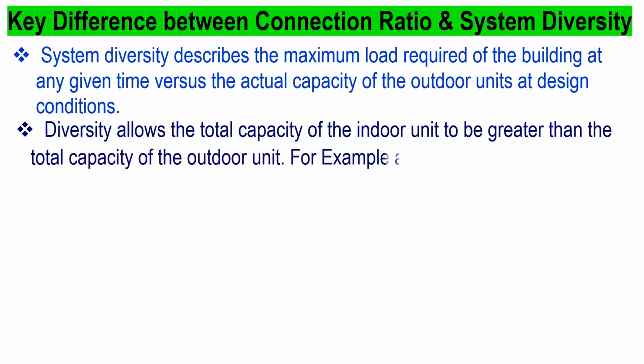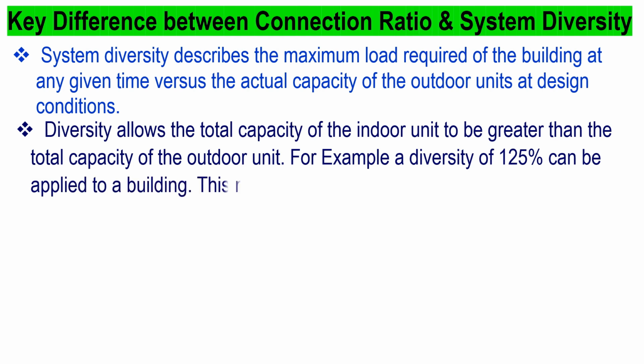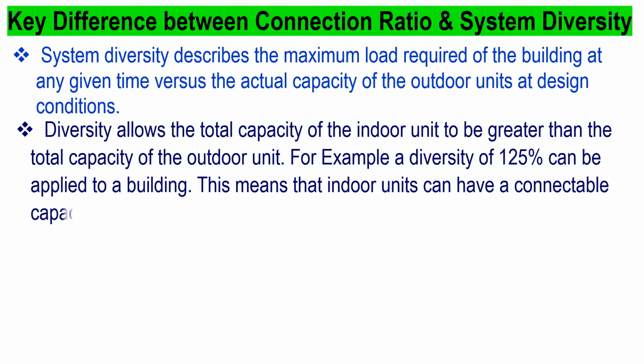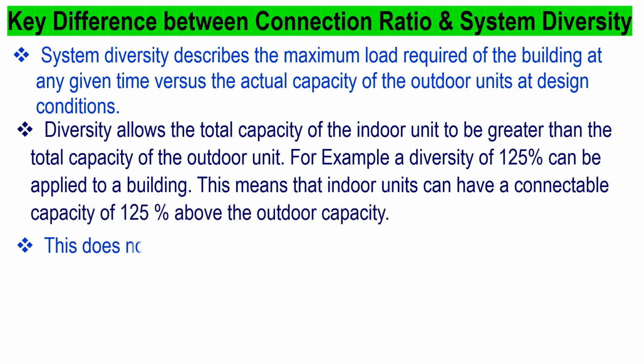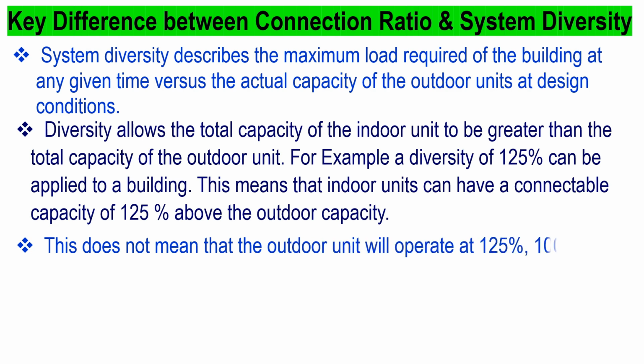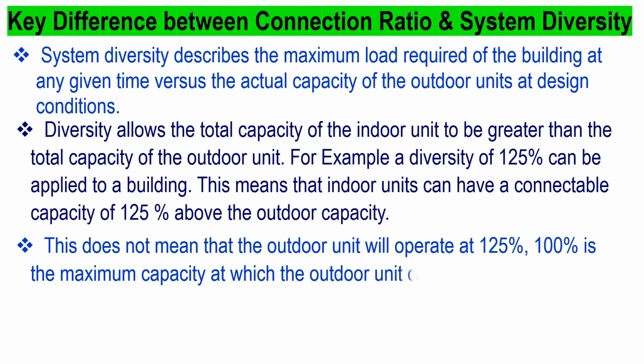For example, a diversity of 125% can be applied to a building. This means that indoor units can have a connectable capacity of 125% above the outdoor capacity. This does not mean that the outdoor unit will operate at 125%. 100% is the maximum capacity at which the outdoor unit can operate.